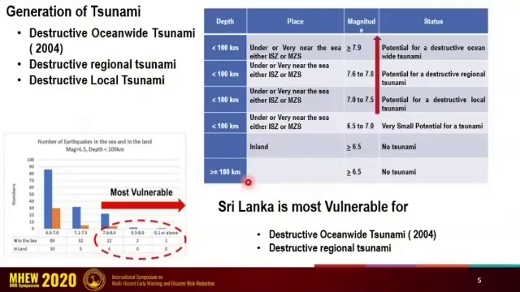So if an earthquake of 7.0 magnitude occurred over these two zones, the Makran zone or the Indonesian subduction zone, Sri Lanka may be vulnerable, and sometimes a tsunami can be generated. We'll see how it is possible with past tsunami generations.